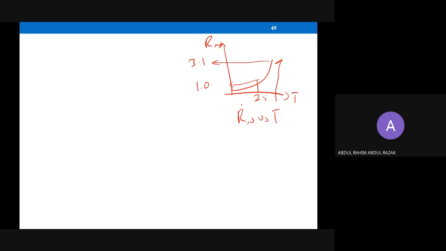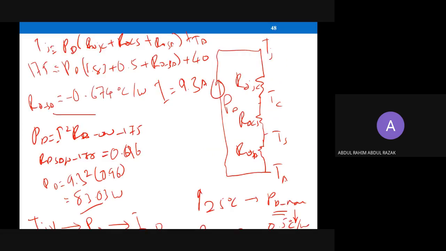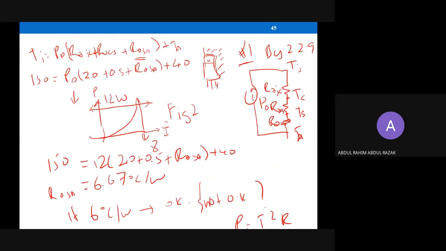So your RDS on at 175 degrees is equal to 3.1 times 0.3 ohm, which is 0.93 ohm. So 0.93 ohm. Next slide.